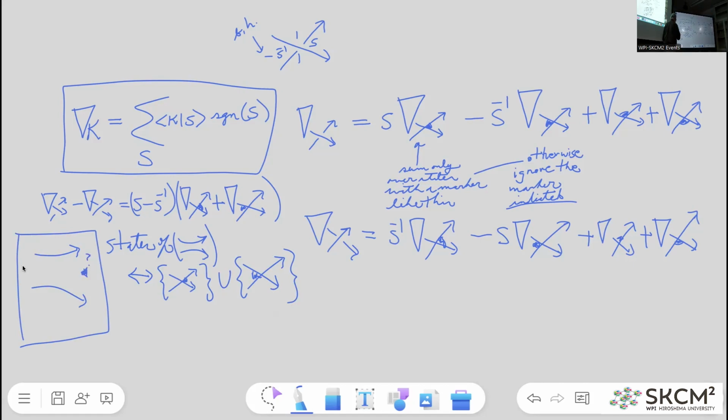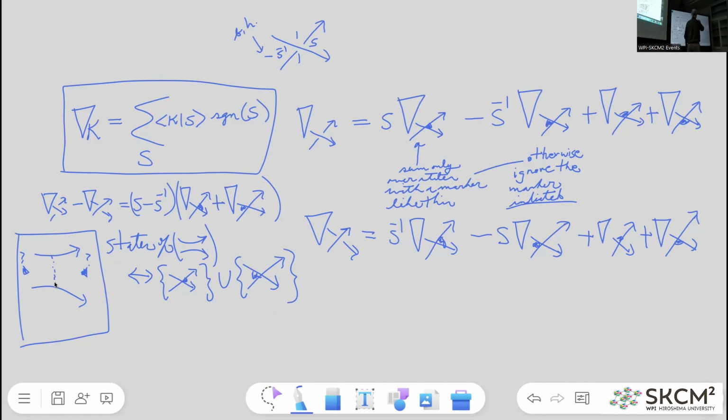Or the marker might be over here, on one side or the other of a dotted line connecting these two. If there's a marker over here and you would like a state of the crossing diagram, then you need to put a marker here, because if you made two regions out of the one region here, then there's no marker in this region. So you need to put a marker here and that will create this. And vice versa over there.